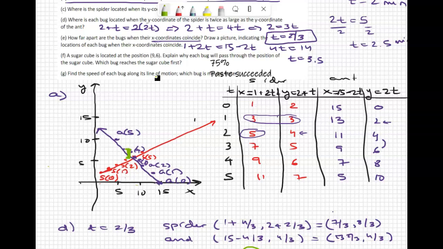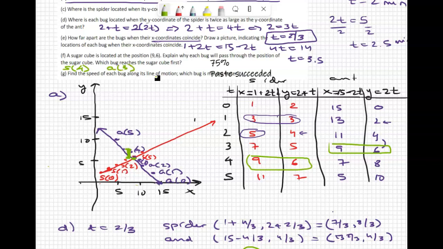Alright, so looking at the table, we can see that 9, 6 is here. The spider reaches it at time 4. That's S4. And the ant, 9, 6. This is basically where they're crossing here. The ant reaches it at time 3.